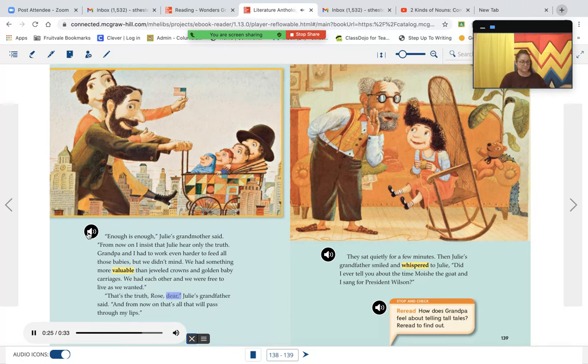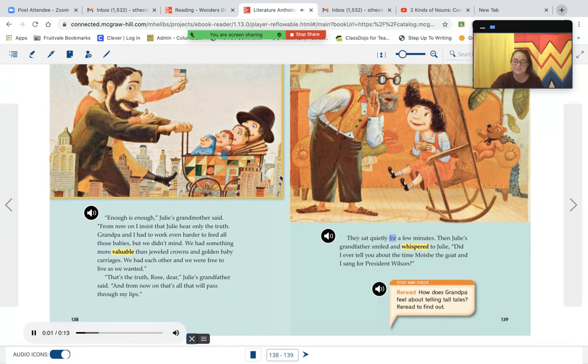That's the truth, Rose dear, Julie's grandfather said. And from now on, that's all that will pass through my lips. They sat quietly for a few minutes. Then Julie's grandfather smiled and whispered to Julie, "Did I ever tell you about the time Moisha the goat and I sang for President Wilson?"